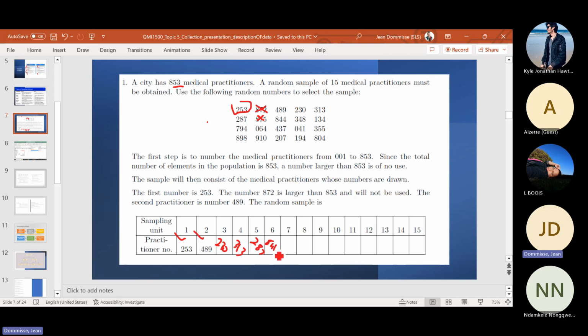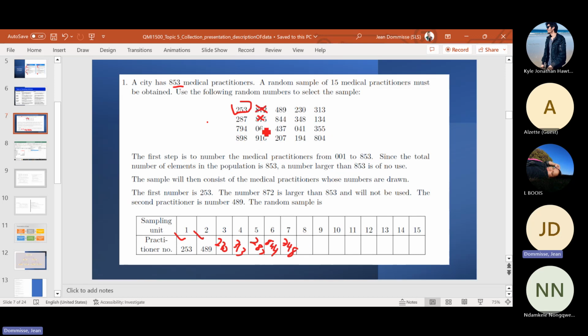So this is just showing you what you would have done, but again, it's very difficult to ask that of you in your types of assignments. So 134 would be next.